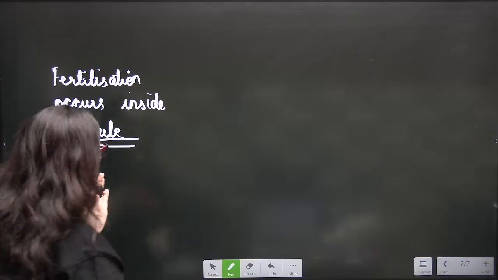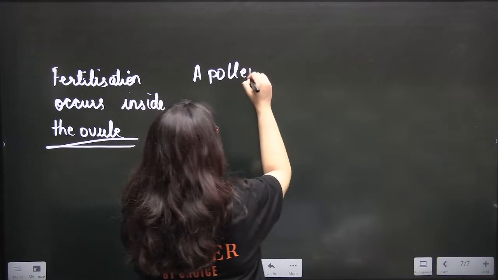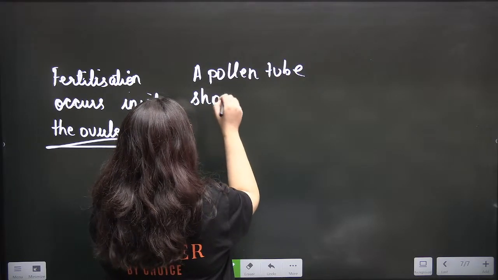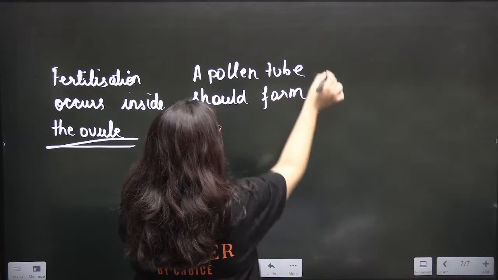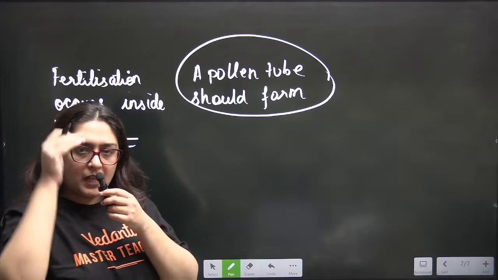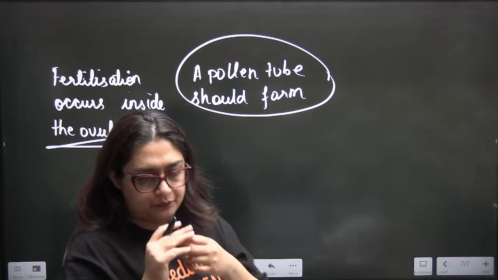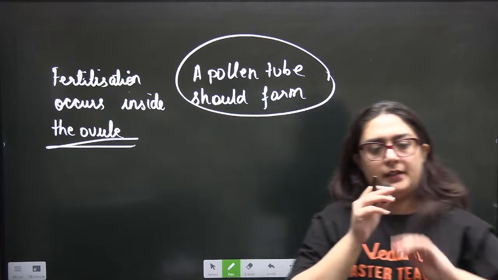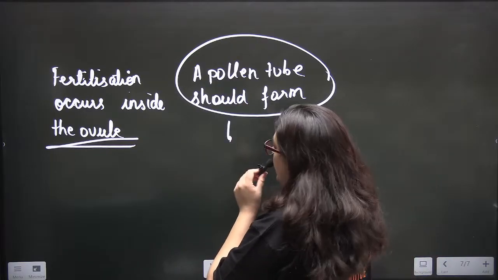Inside the ovule means a pollen tube should form, which actually transfers the pollen grain to the egg inside the ovule. Okay, so this is the fertilization.